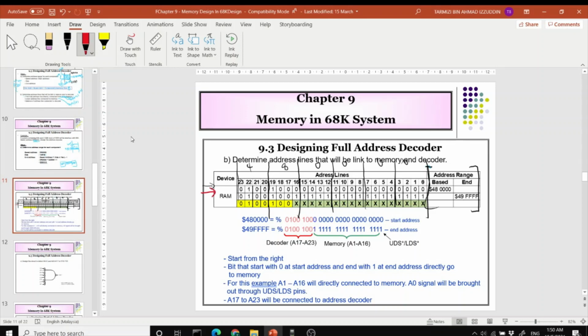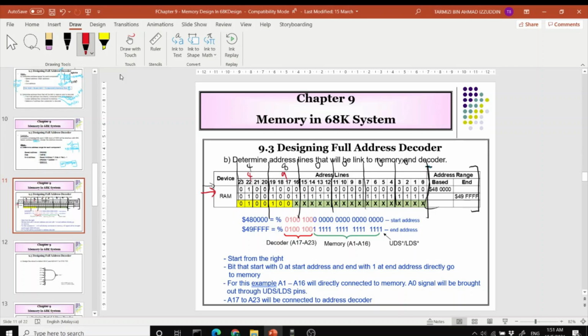So in the second row, you need to put the end address in binary. Here it starts with 4, again 0, 1, 0, 0, and then 9, which is 1, 0, 0, 1, and then F, where everything is 1.